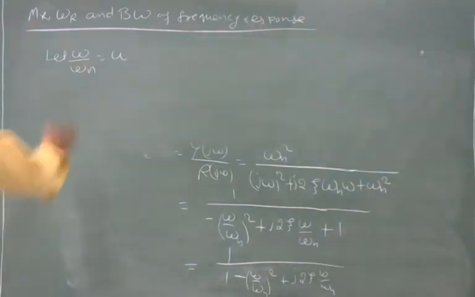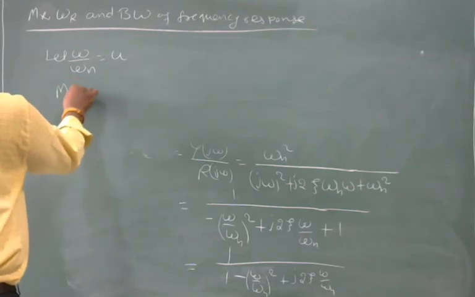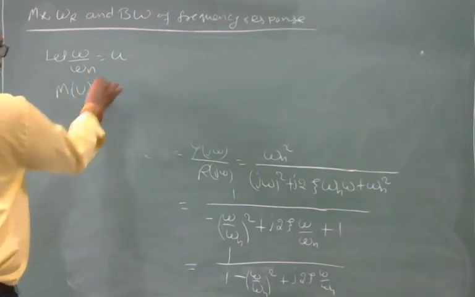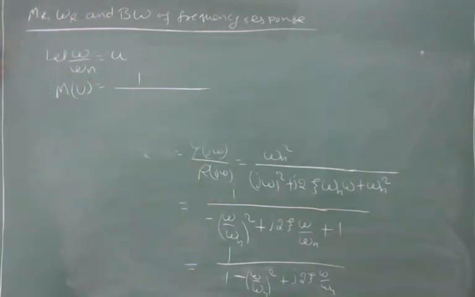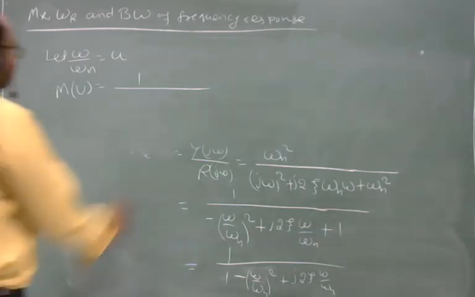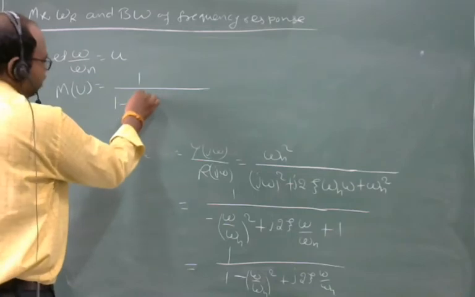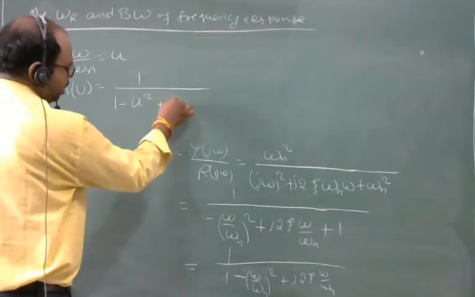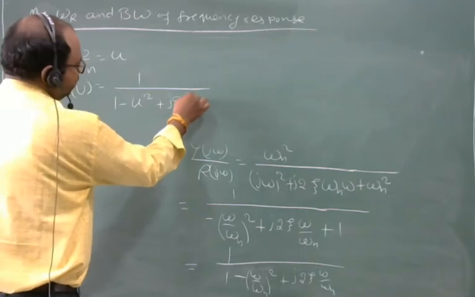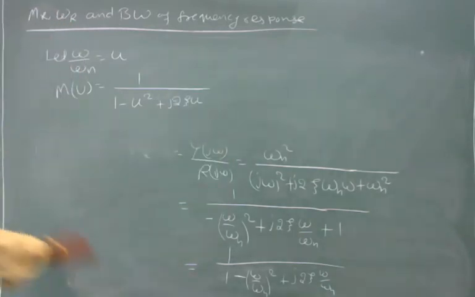Then M of u will be equal to 1 by 1 minus u square plus j2 zeta u.